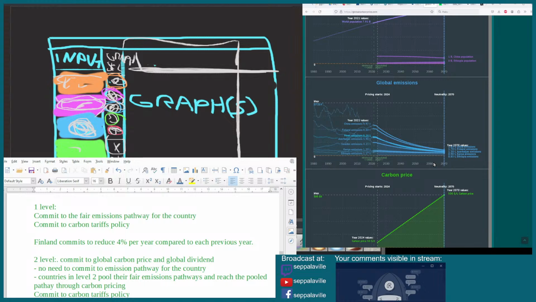I think these numbers would be quite close. There wouldn't be a lot of variation, so it would be quite meaningful to give out this figure that Finland has to reduce 4.15% of emissions each year.